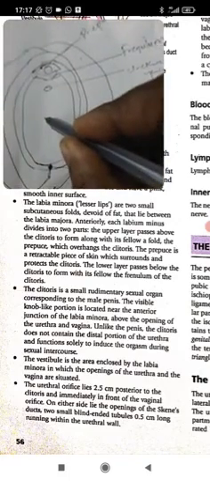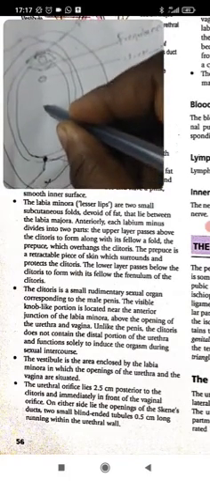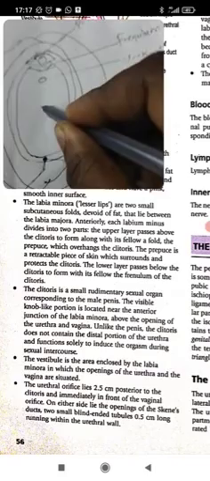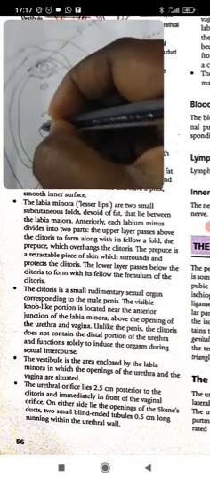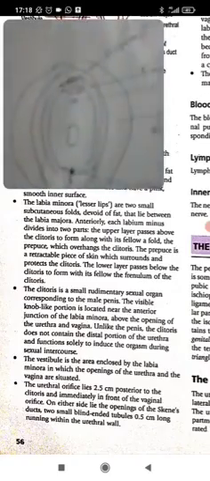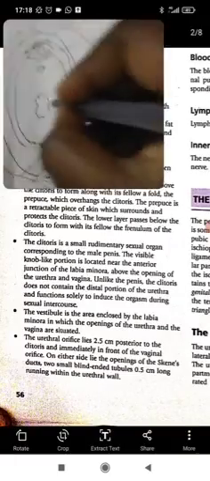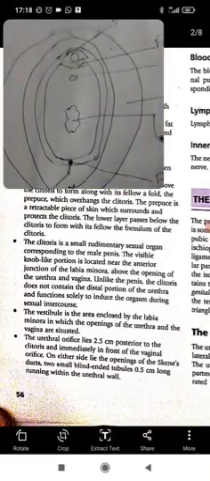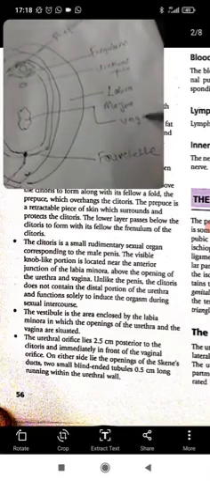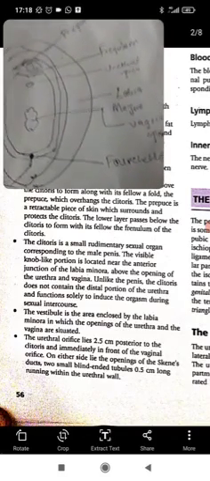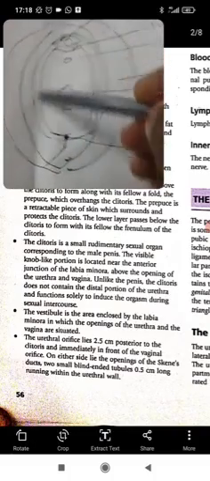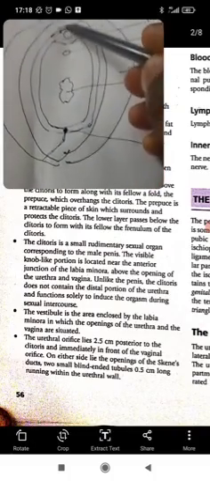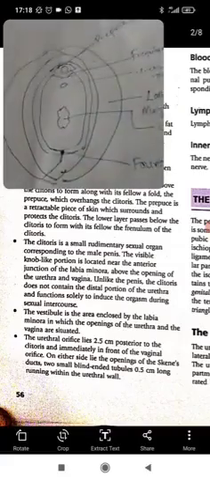Then 2.5 centimeters below this, we have the vaginal opening. So this is usually depicted this way. So here we have the vaginal opening. So this is the vestibule, this oval area that is within the labia minora.